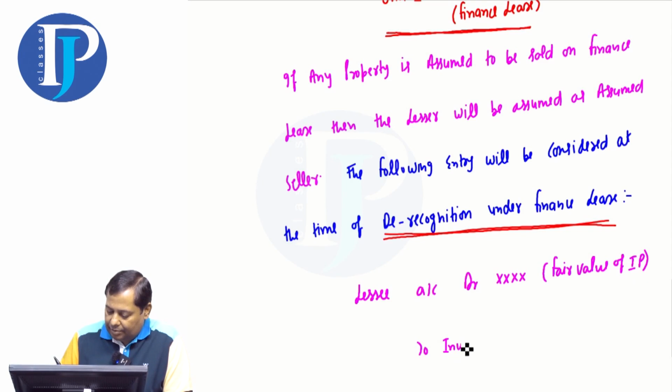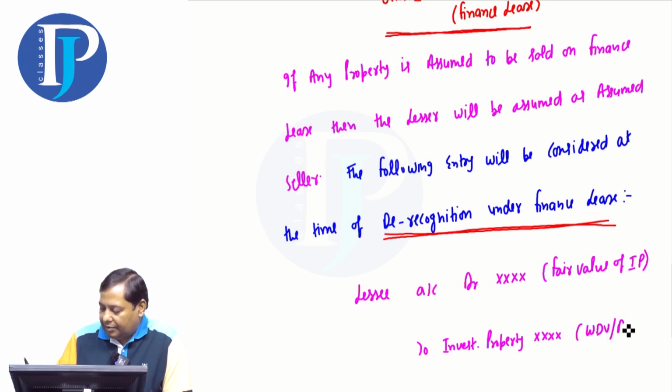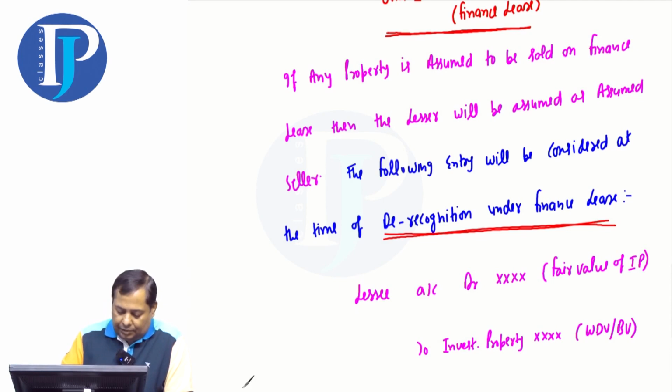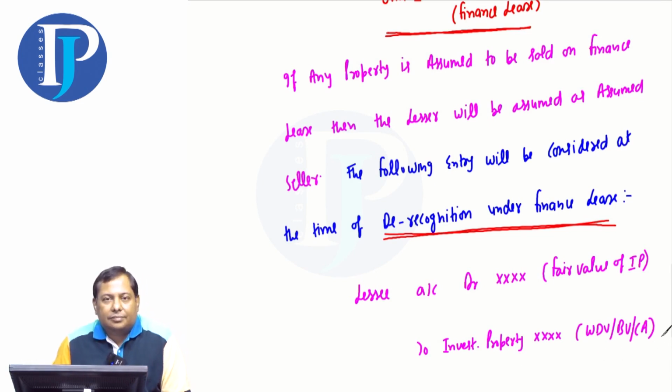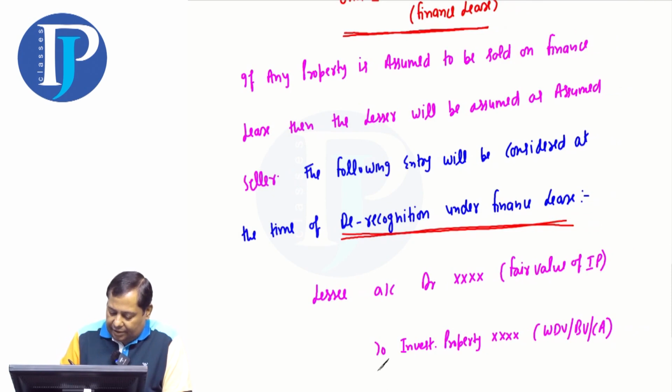To investment property. So the WDV entry will be passed, or book value, or carrying amount, write anything. All are same. Amount will be same, names are different, and whatever the difference.